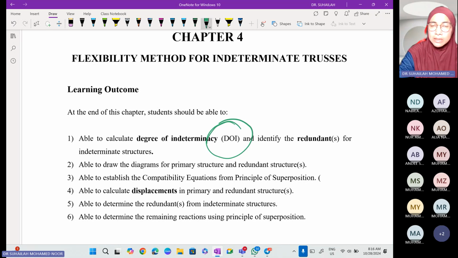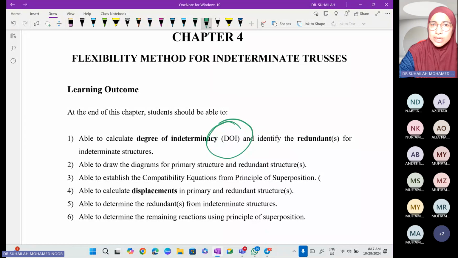So sometimes the truss is externally indeterminate whenever a support reaction is the redundant, and the truss is internally indeterminate whenever a member force is the redundant. We have externally and internally. And we can have a truss which has a combination of externally and internally.